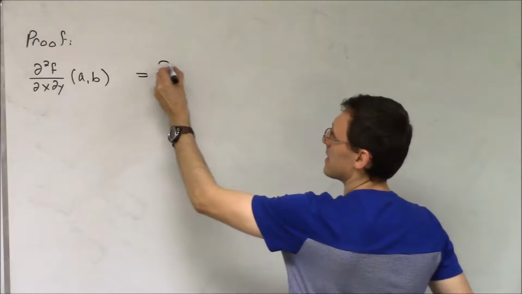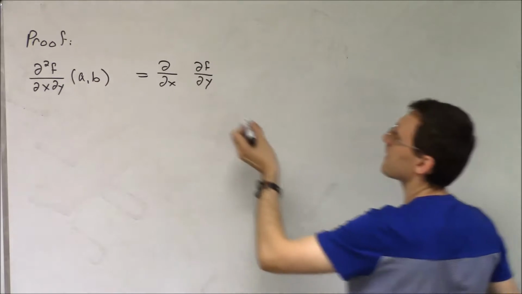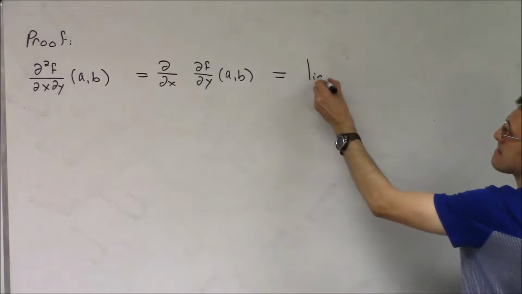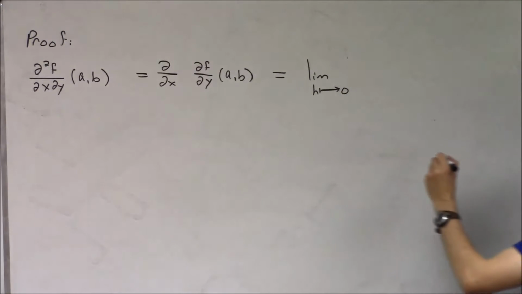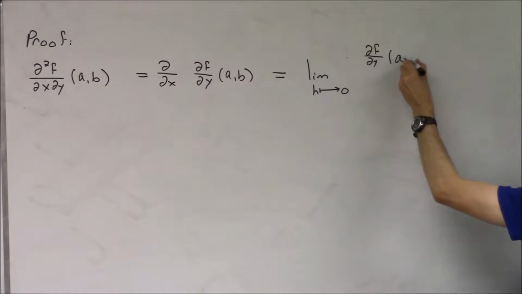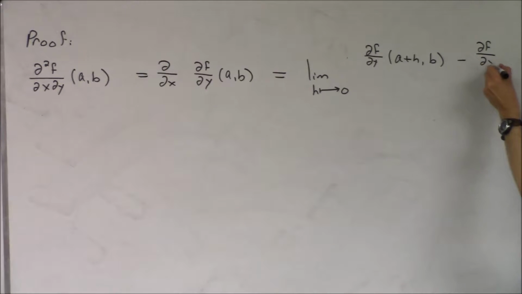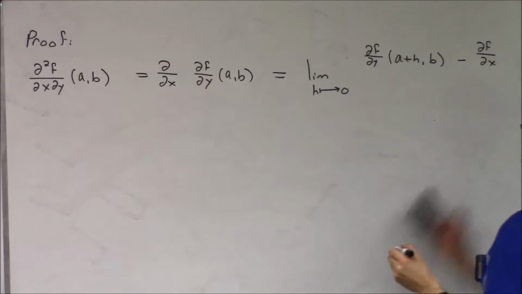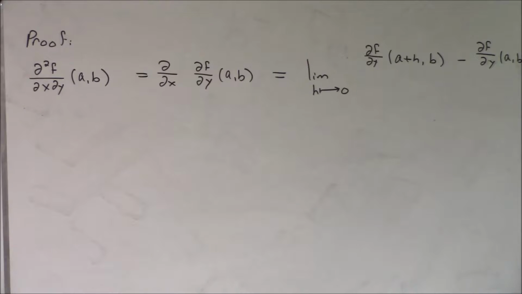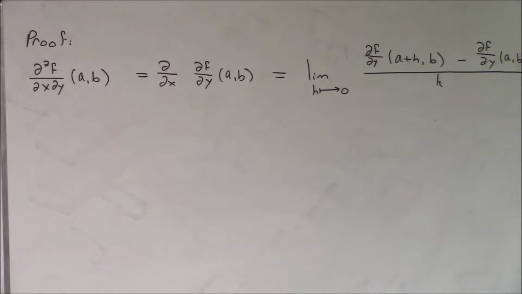This is the same as the partial derivative d dx of the partial derivative function df dy at (a, b), which by definition is the limit as h goes to 0 of the partial derivative of f with respect to y at the point (a plus h, b), minus the partial derivative with respect to y at the point (a, b), divided by h. So far you understand?